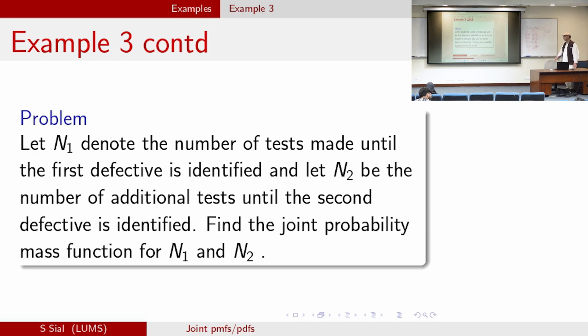So N1 is the number of tests that need to be made until the first defective one is identified. N2 is the number of additional tests that need to be made until the second defective widget is identified. So what's the joint probability mass function for N1 and N2?